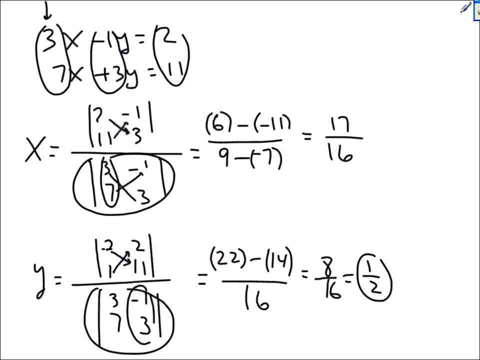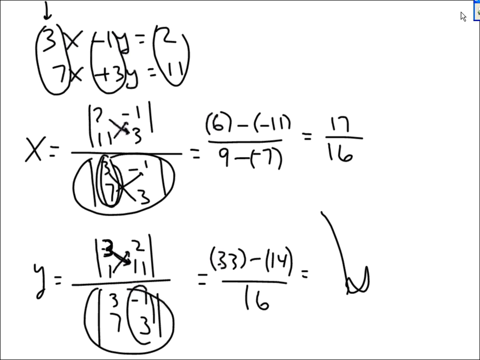Oops. I changed the first column by error. It should have been 3, 7. So it's 33, since 3 times 11 is 33, minus 14 is 19. So it's 19 over 16.